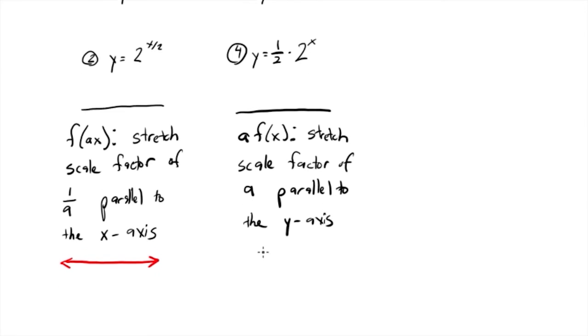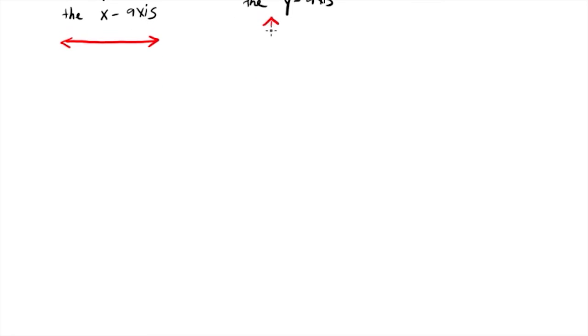So what would this look like? We would be taking our original graphs and stretching them vertically, either making them longer in appearance up and down, or making them shorter.